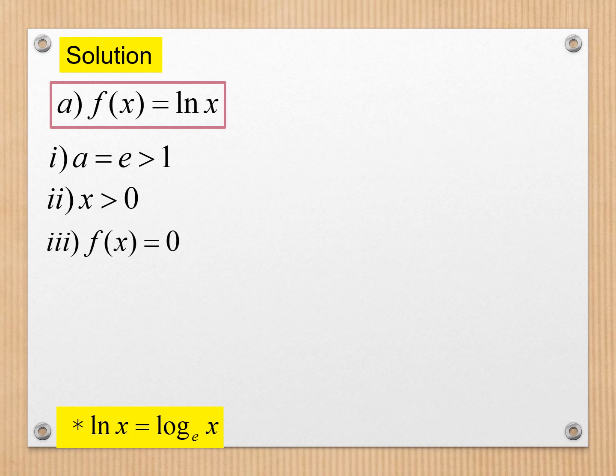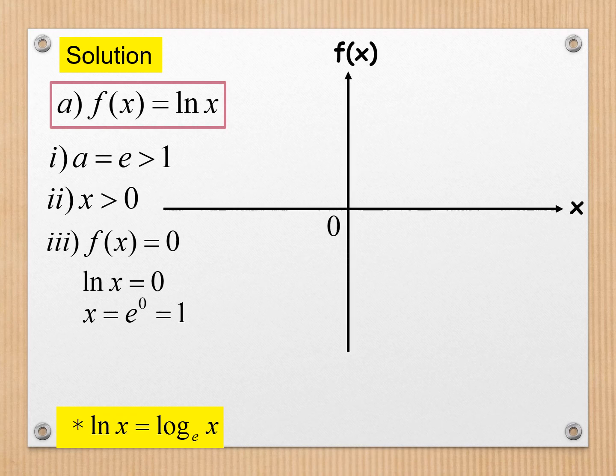And then we find the x-intercept. We substitute f(x) equals 0. Then we get ln x equals 0. So we take e to both sides. We get e power ln x equals e power 0. So then x equals e power 0, which is x equals 1. So then we plot the x-intercept 1.